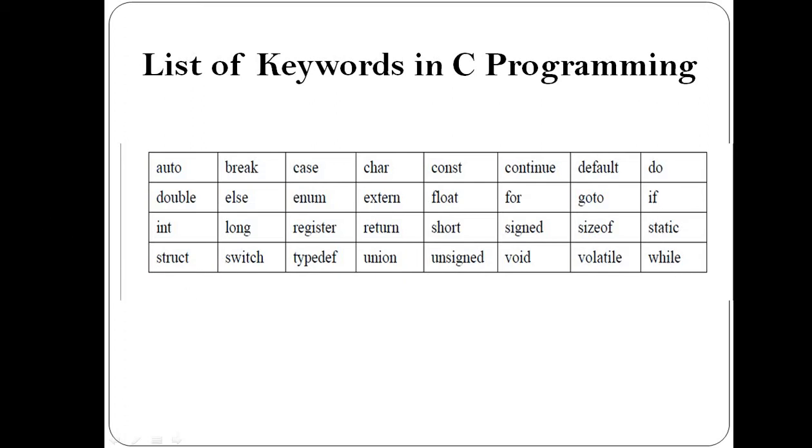So this is the total list of keywords available in C, and how many keywords are there? 32 keywords. These are used for special purposes. That's why the first token is keywords.